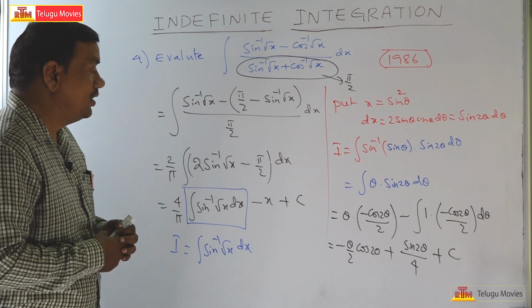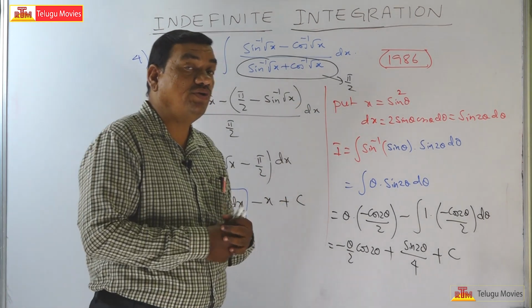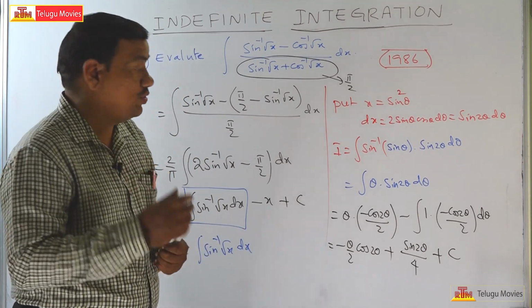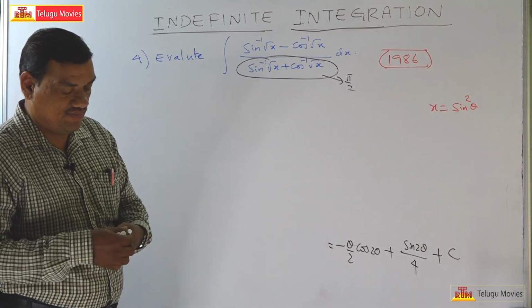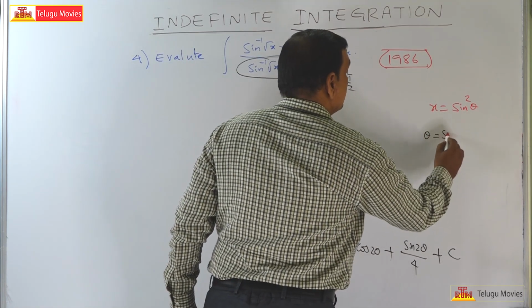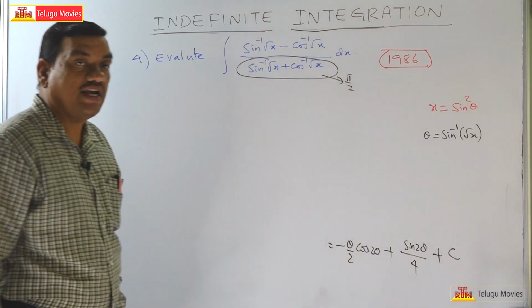Wherever theta is there, you substitute. You have to convert this problem in terms of x. So let us continue our solution. Our substitution is x is equal to sin square theta. From this, theta is equal to sin inverse of root x.